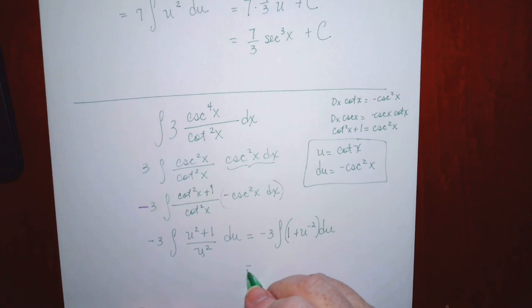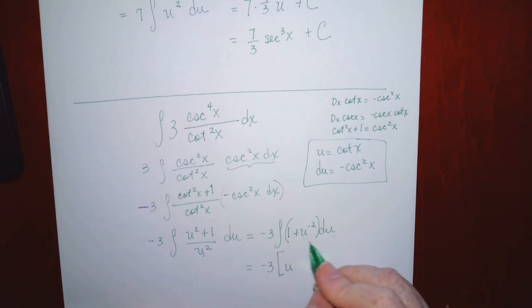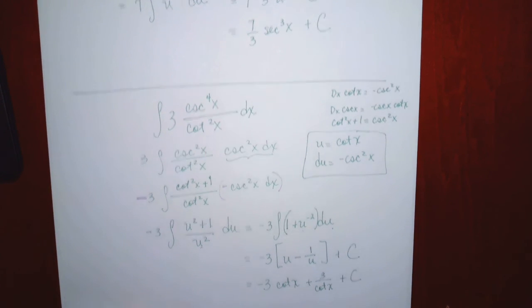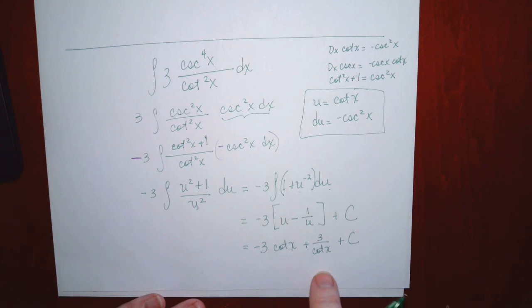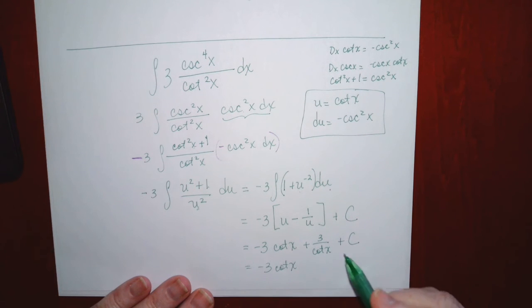All right, so we will have negative 3. The integral of 1 du is just u. The integral of u to the negative 2 du is negative 1 over u plus c, or it's negative u to the negative 1. So we get negative 3 cotangent x plus 3 over cotangent x, which is perfectly fine, but usually they won't leave division by a trig function because they can rewrite it in terms of its reciprocal function.